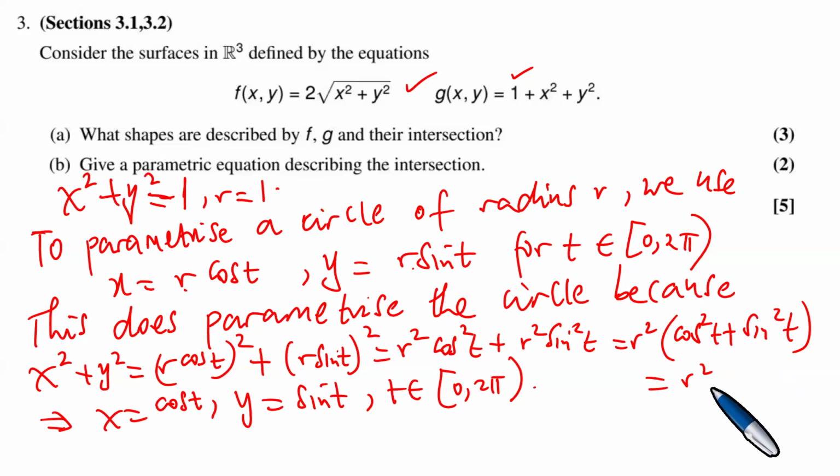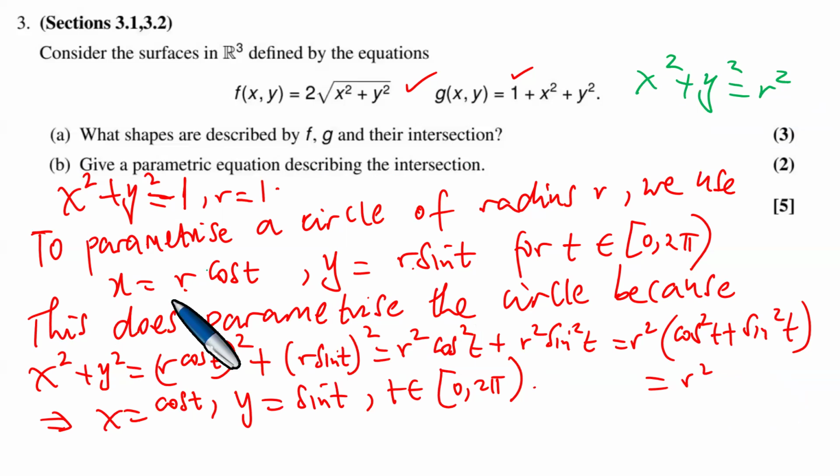Your suggestion, your thought? Okay, because I'm looking at the figure. To parameterize a circle, we use this. Why? Because the equation of a circle, once again, is x squared plus y squared equals r squared.